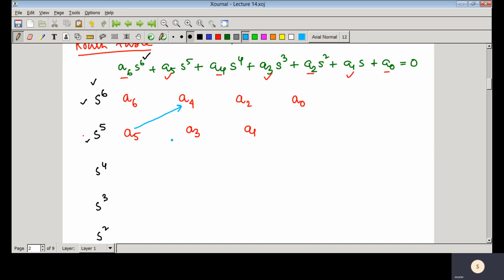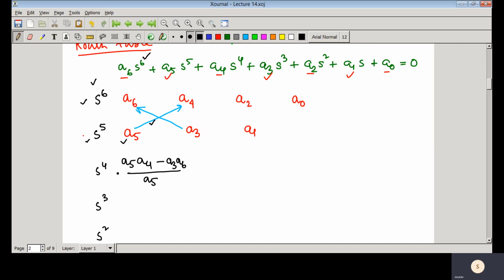Here the multiplication would be like this. We have a5 into a4 minus a3 a6, divided by a5.